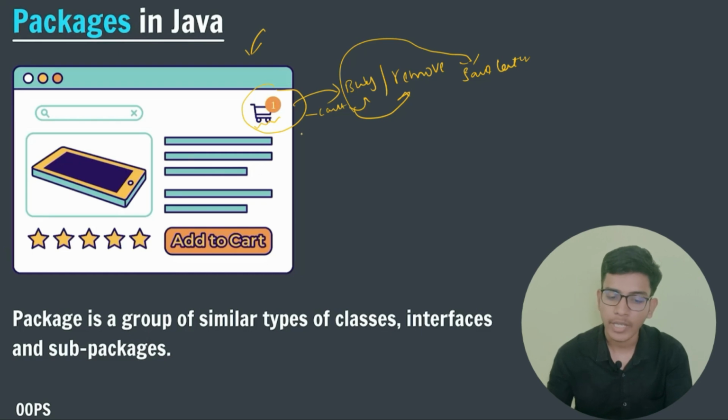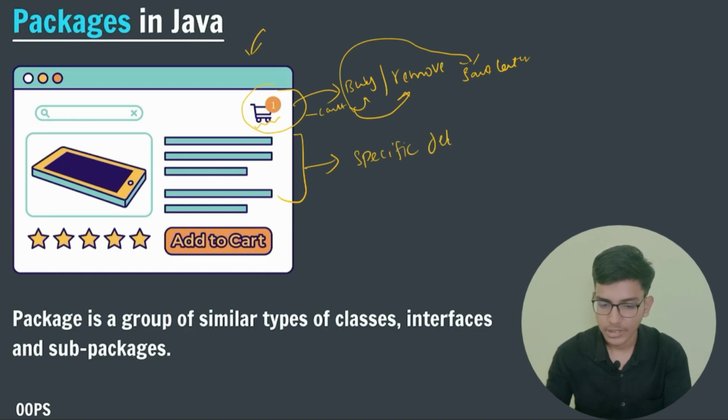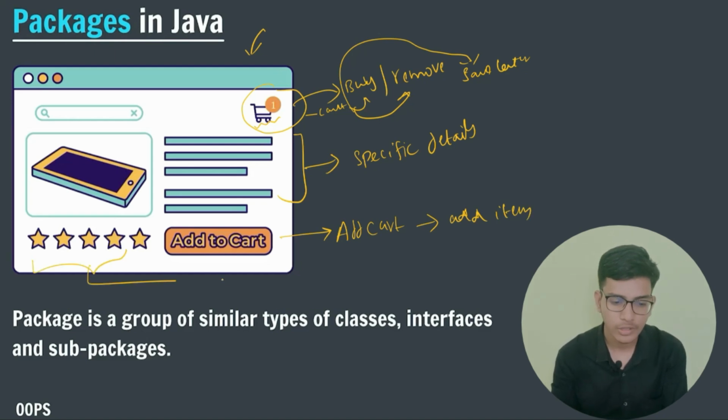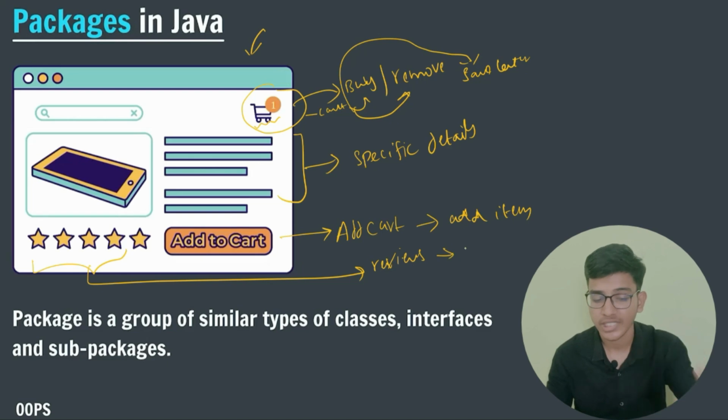Coming here you can see that all the specific details will get shown here. In the add cart button we will add that particular item. This is used to add items. Then the reviews section is used to see the reviews.